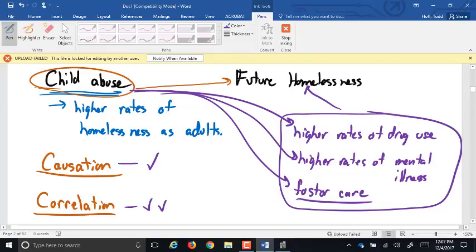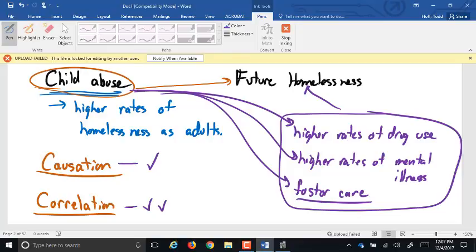As you said, drug use might make you more likely to be homeless. Mental illness, there have been several studies that show the rate of mental illness among homeless people is extremely high. People that have been in foster care, removed from their home and put in some sort of state system, are less likely to complete college, less likely to have productive jobs. So that might lead to higher rates of homelessness.